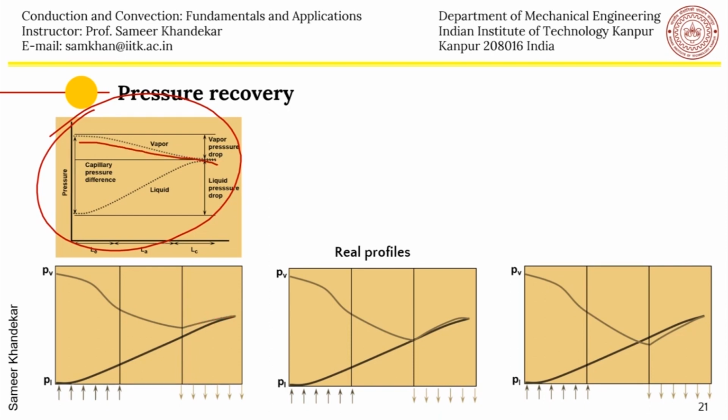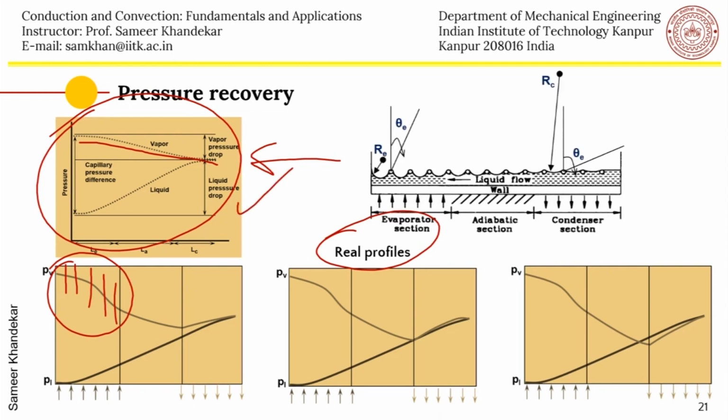We will not go into the details of how to get the secondary acceleration and deceleration effects, but it will suffice that you are able to calculate the maximum heat flux at a given operating temperature for a given heat pipe for which the working fluid has been chosen and the geometry has been chosen. The L evaporator, the L condenser, and the L adiabatic section is chosen, and then you are expected to find out the maximum capillary limit, which is the Q max, from the theory which we have just learnt.